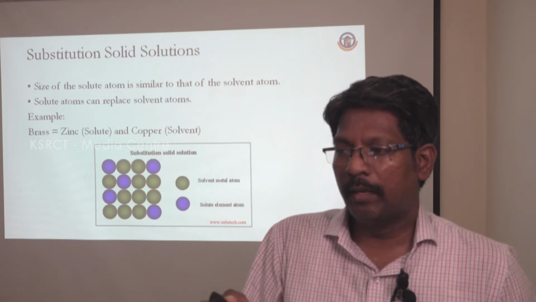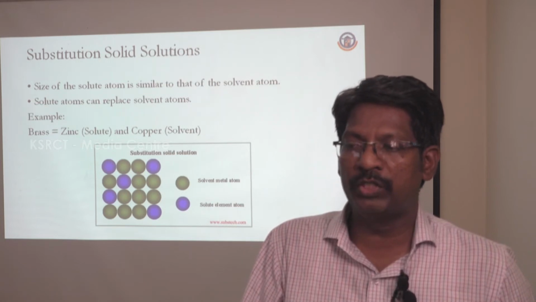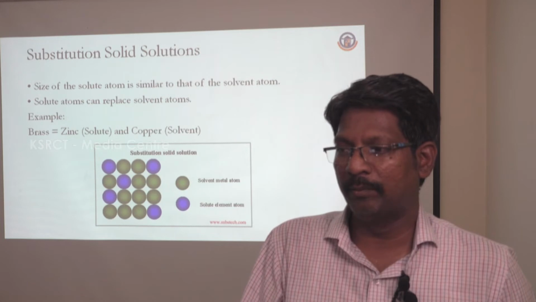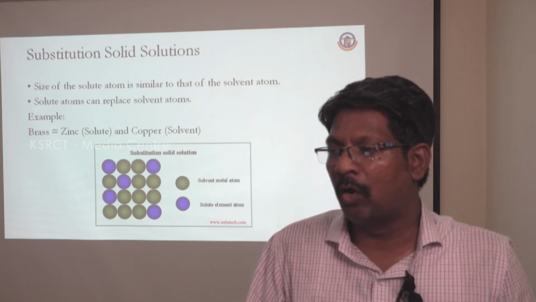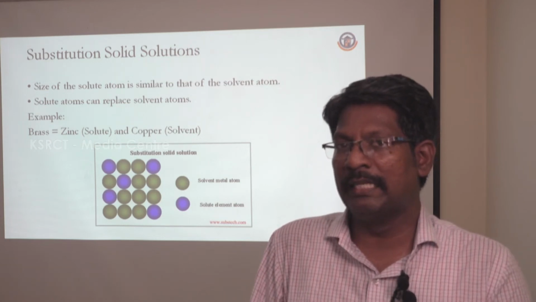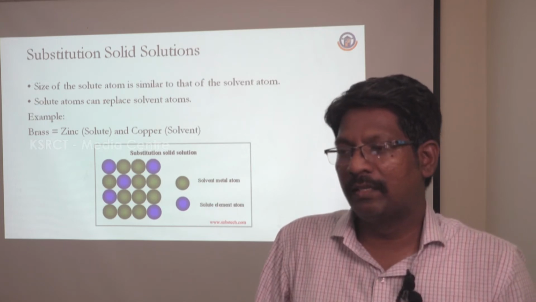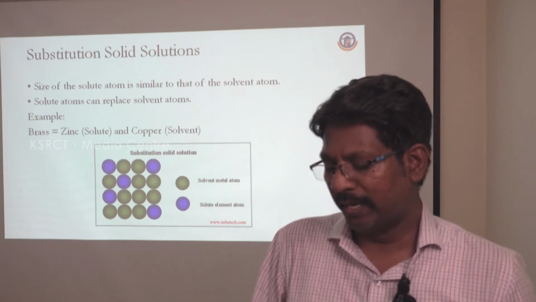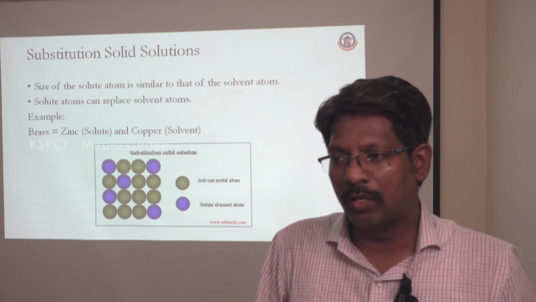So the solute atoms replace the position of solvent atoms, which means zinc substitutes for a copper atom. That is, the zinc atom takes the position of the solvent copper atom, substituting for an atom. Hence this is called a substitutional solid solution.